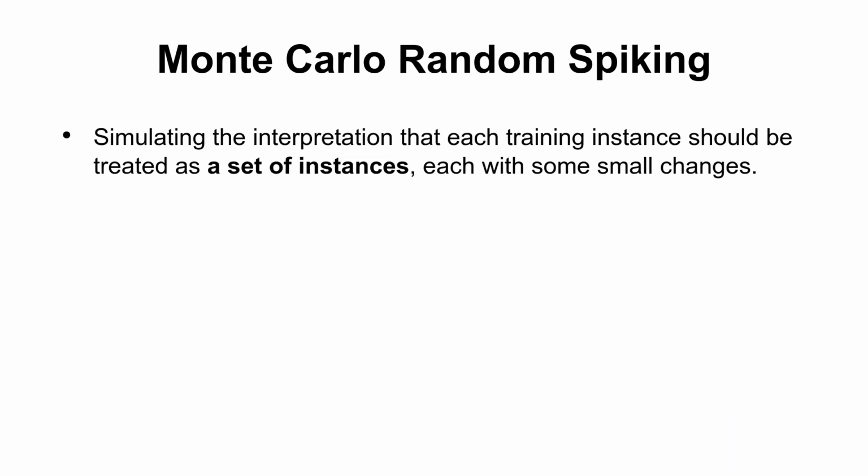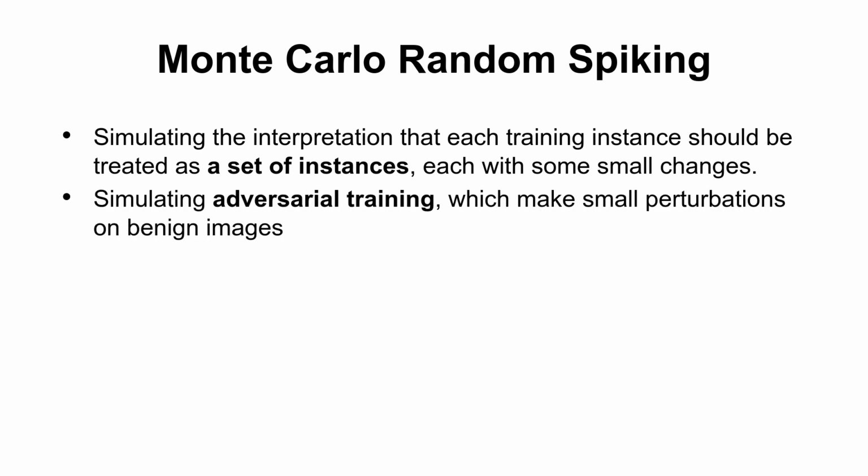By using random spiking, we can simulate the interpretation that each training instance should be treated as a set of instances, each with some small changes. Random spiking can also simulate adversarial training, which makes small perturbations on benign images.